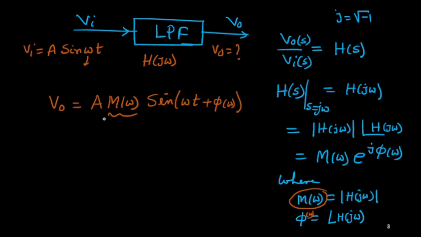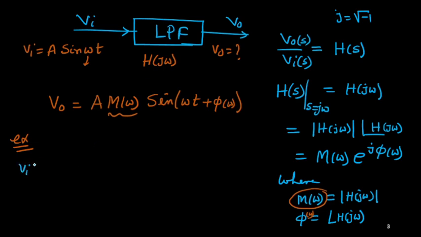But in filtering, we'll be more concerned about how the amplitude is modified. This M of omega is modified. Then we can easily understand what type of filter it is. So suppose, for one example, just see what I am saying.